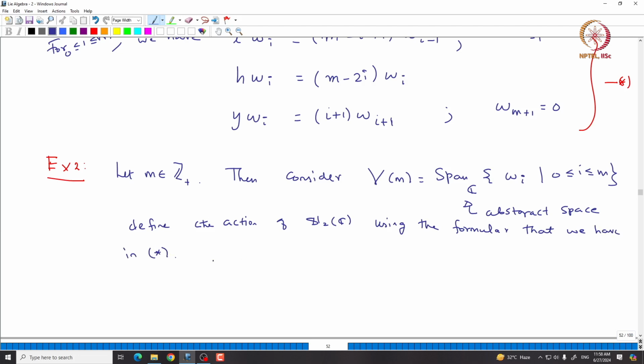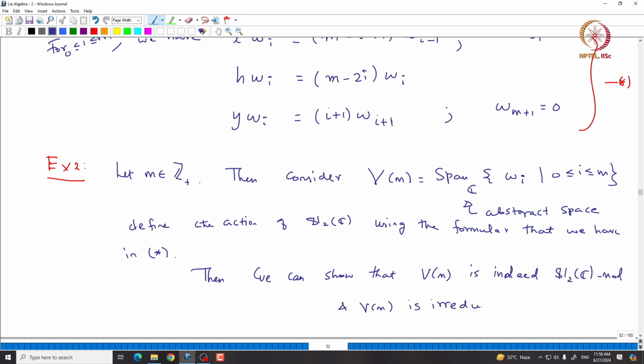Then the claim is that we can show V of m is indeed an sl2c module and it is irreducible. Note that the dimension of V of m is m plus 1.